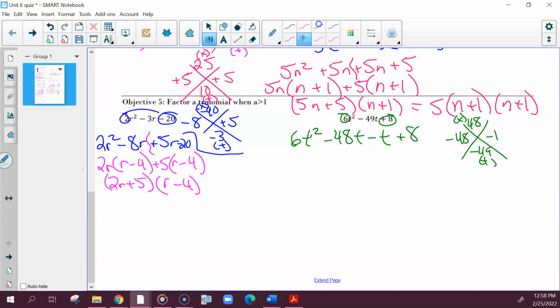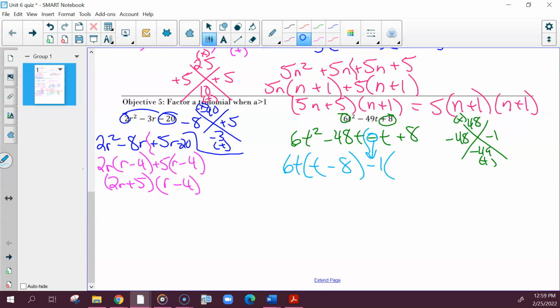And then we could split this down the middle. What could we divide out of the first two? 6 and t. What would be left? t minus 8. What could we divide out of the last two? 1, but it would be negative.